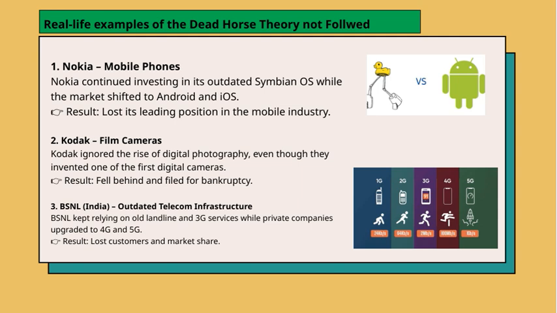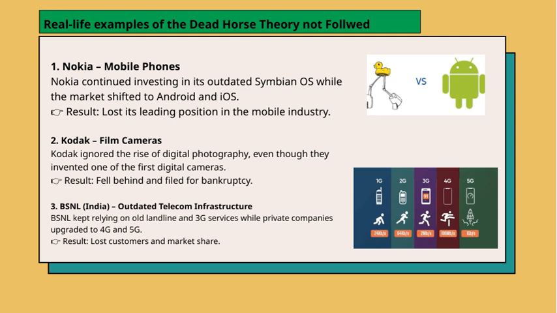Next, there's Kodak and film cameras. Interestingly, Kodak actually invented one of the first digital cameras, but they ignored the digital revolution and stuck with traditional film photography. Unfortunately, this decision caused them to fall behind competitors and eventually file for bankruptcy.